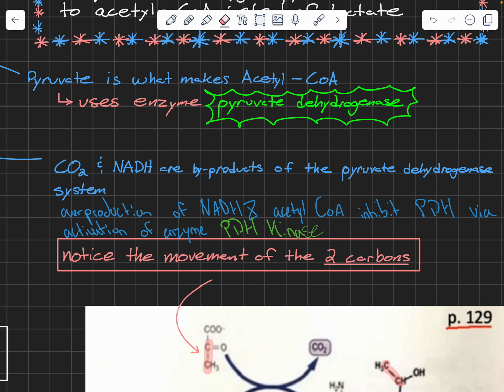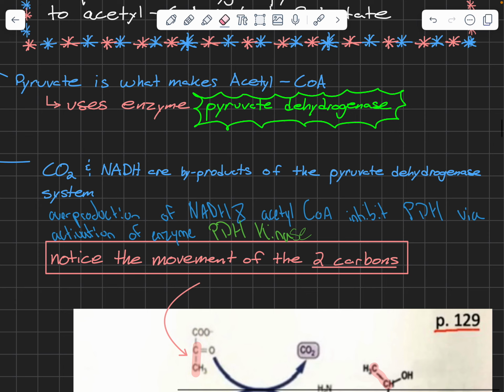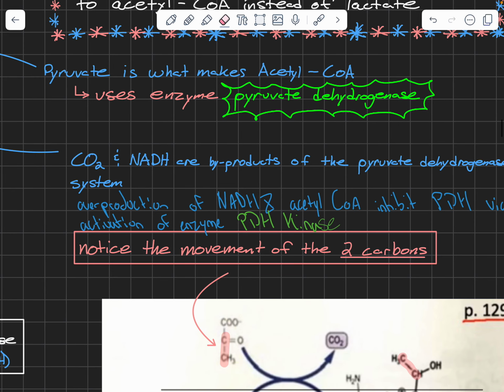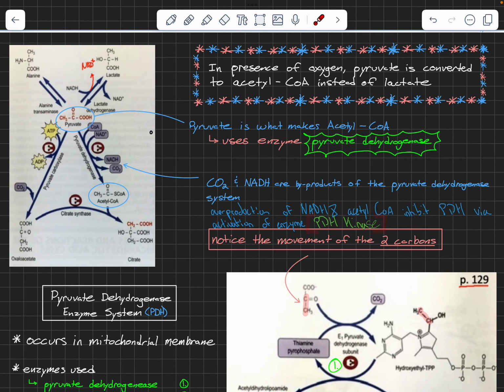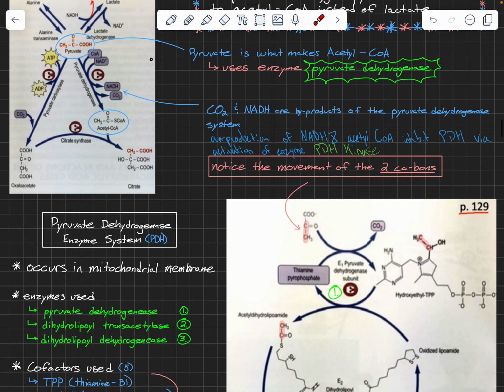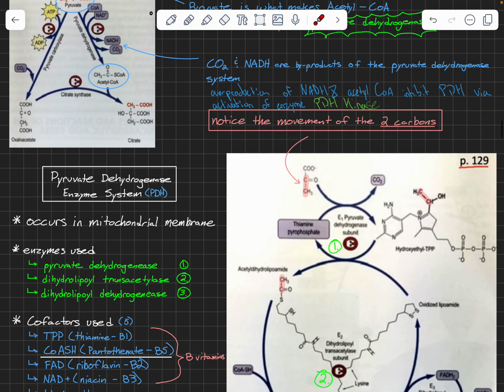We know that, just covered that, but overproduction of NADH and acetyl-CoA will inhibit the PDH system via activation of the enzyme PDH kinase. So what we need to know is an overabundance of NADH and acetyl-CoA will activate PDH kinase, and kinase will come back and inhibit this enzyme right here, kind of shutting down the highway a little bit.